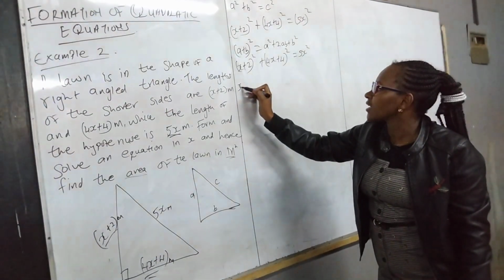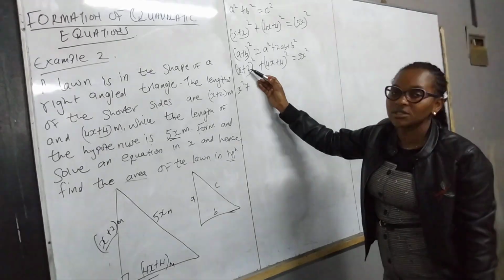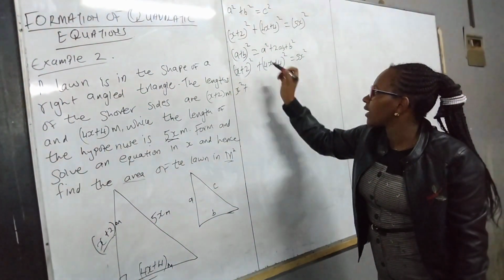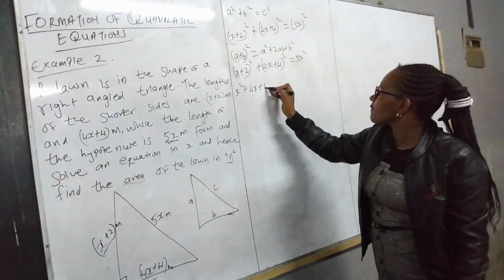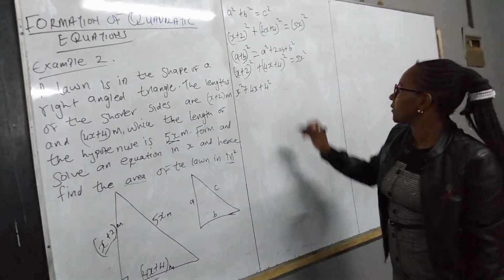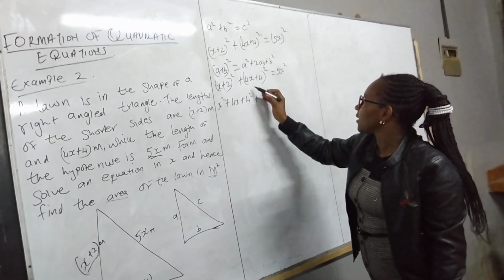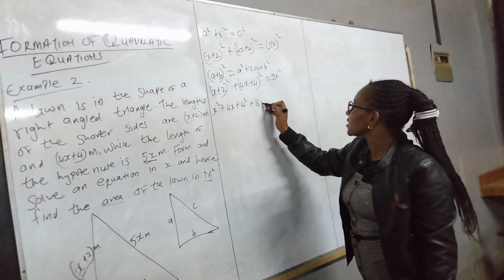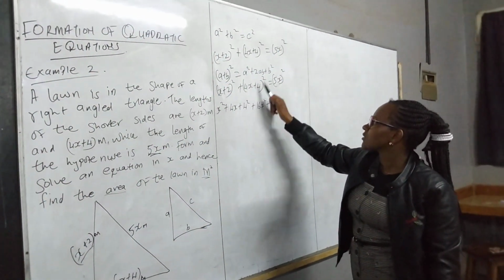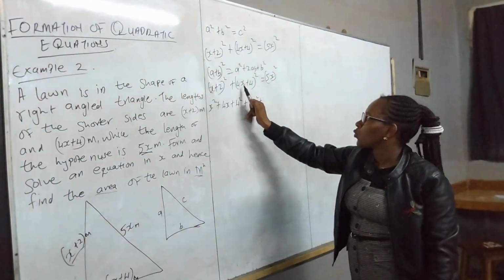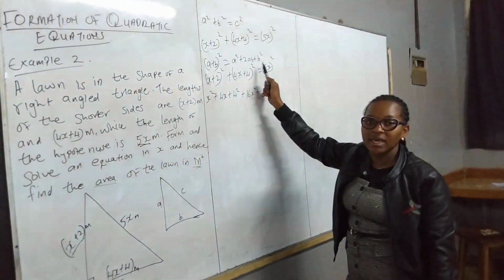Here we are going to have x squared plus 2 times 2, that is 4, times 1, that will be 4x, plus 4 squared, which is 4. On the other part, we have plus 4x squared, which will be 16x squared. So for 4x plus 4 squared, we square this part first, then we continue applying our formula.